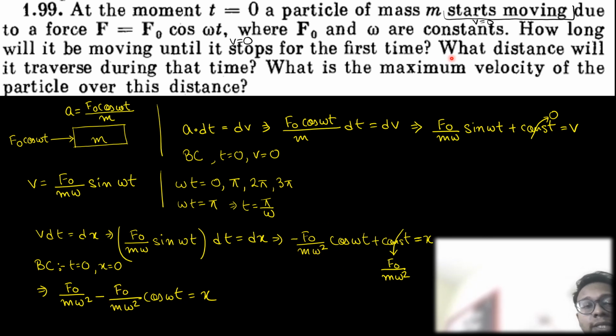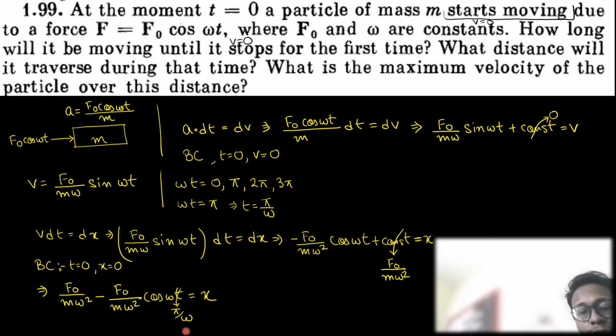Now, what distance will it travel during that time? What is the time? The time was nothing but pi by omega. So here time is pi by omega. So omega into pi by omega is nothing but pi. And what is the value of cos pi?